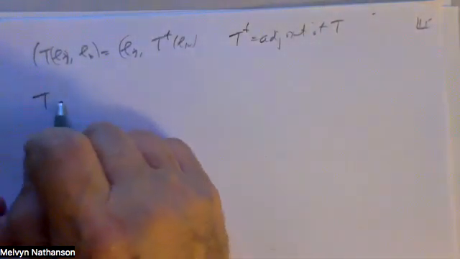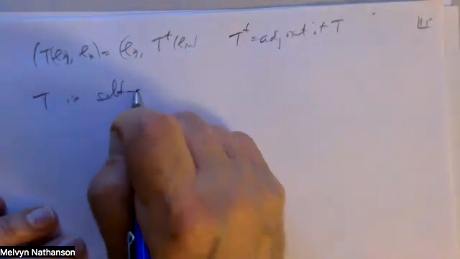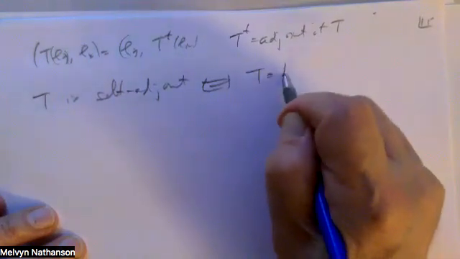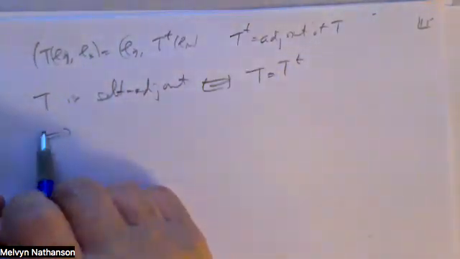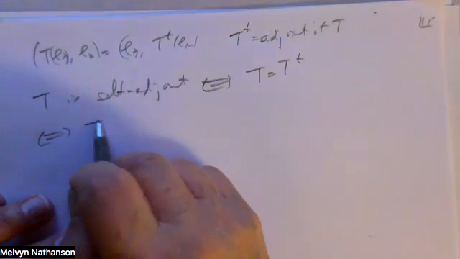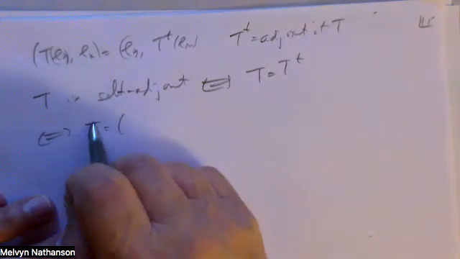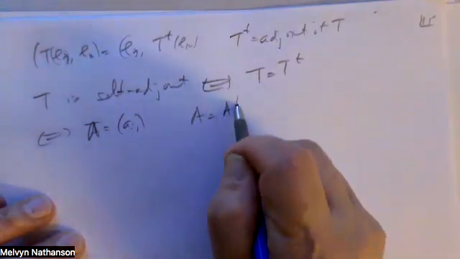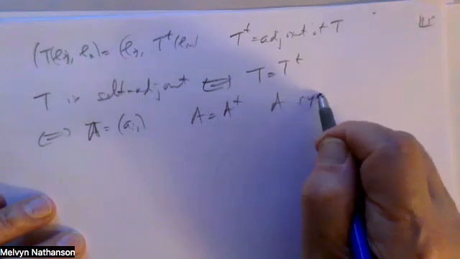And T transpose is called the adjoint of T. And the operator T is self-adjoint if and only if T equals T transpose, or if and only if T is associated with the matrix A equal to Aij, if and only if A equals A transpose, or A is symmetric.